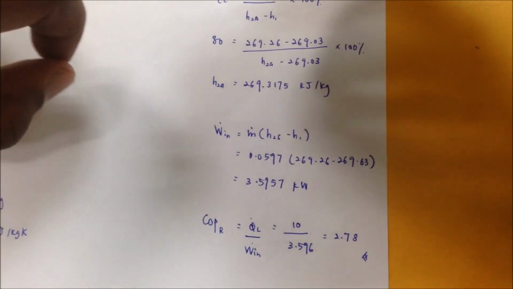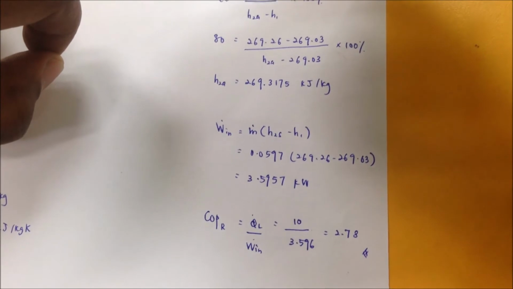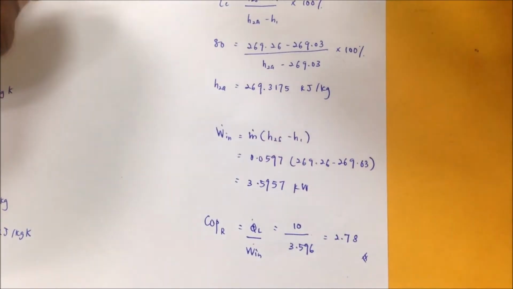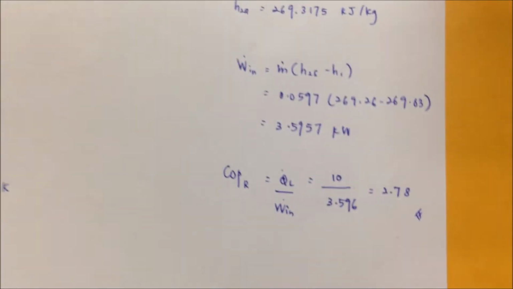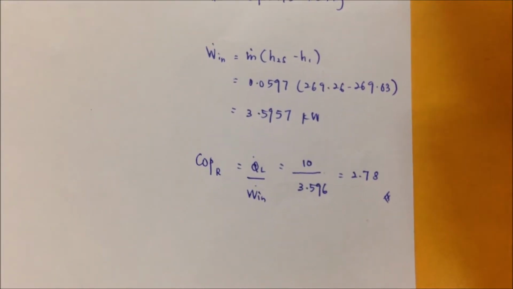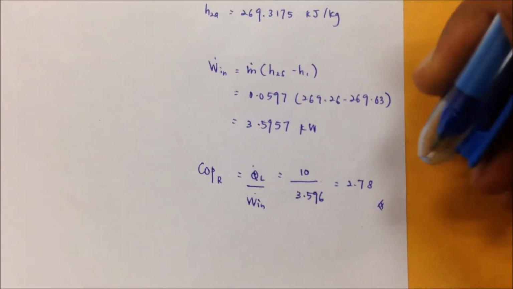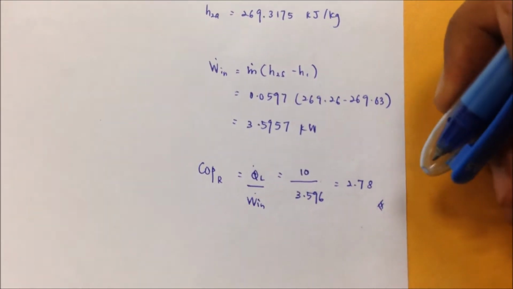So we can get the Win value, which is 3.5957 kilowatt. Substituting in the formula, we get the COP, the coefficient of performance for the refrigerant, which is 2.78.